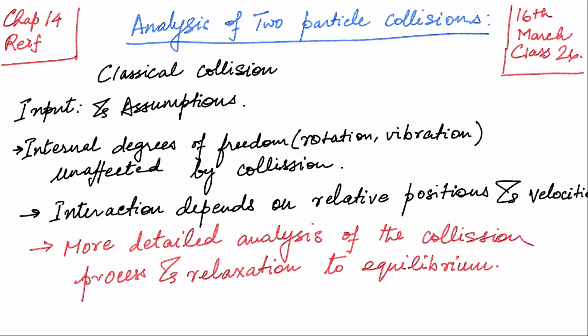Internal states are not going to change, so they are frozen. They have much higher energy. That's what we assume. And interaction depends upon the relative positions and velocities, of course, because if it's long range, then two particles, even at relatively large distances, are going to interact. On the other hand, if it's short range, the particles are going to come in straight lines, and only when they are interacting will their momenta and velocity change.